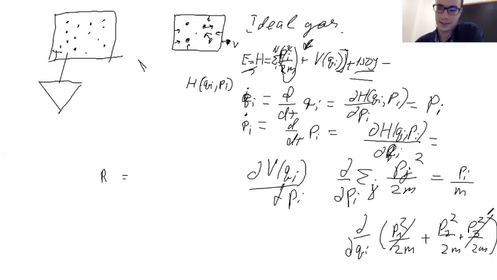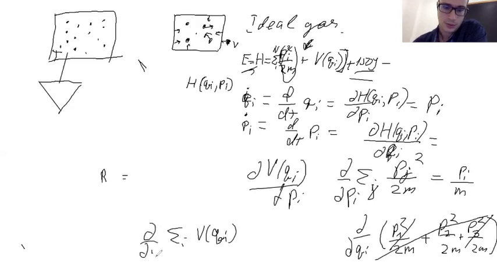Nothing, it's 0, right? So the kinetic term does not give me anything. I now have a sum over i of V of qi. The kinetic term gave me 0, so I need just to differentiate this, let me call it J, with respect to qi.